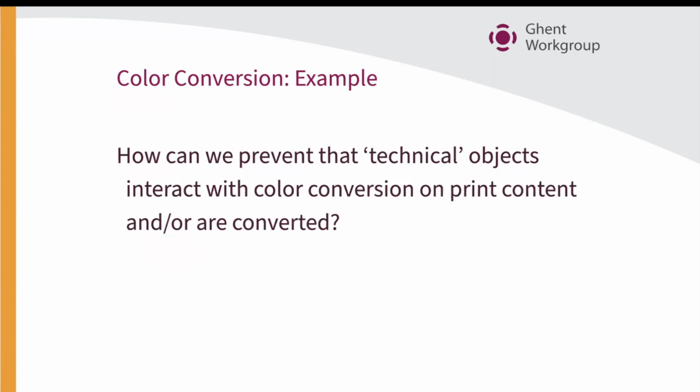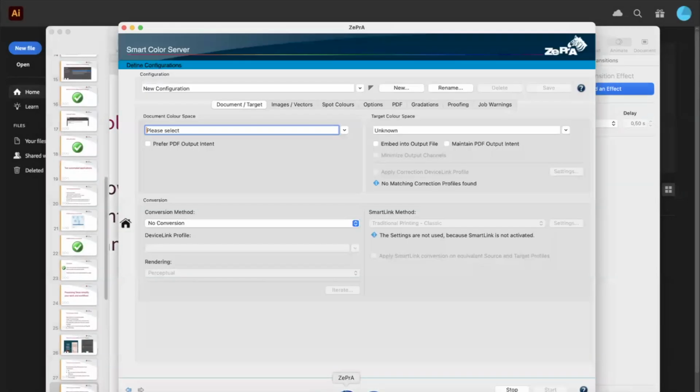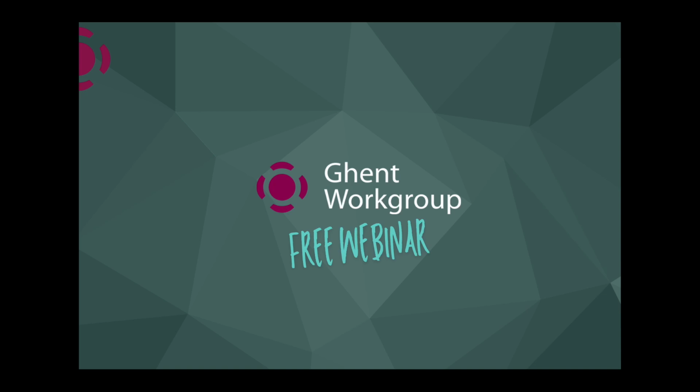How do we actually prevent them from being converted? For this, I will open up the ColorLogic Zebra application, and I'll show you what your configuration should be depending on how you work.